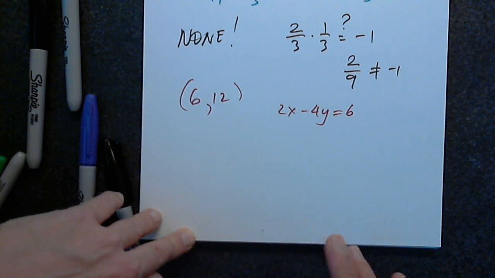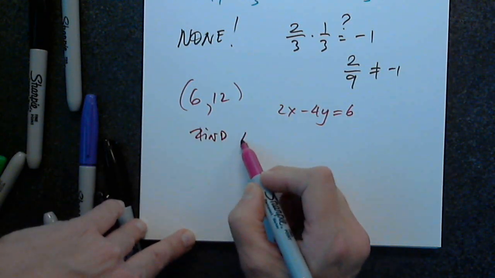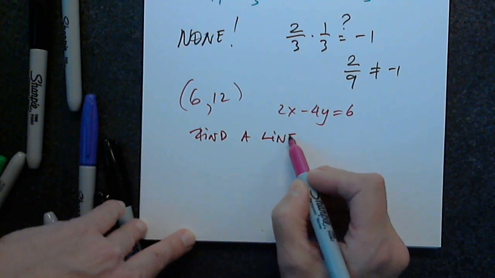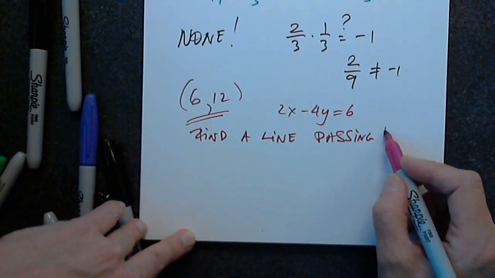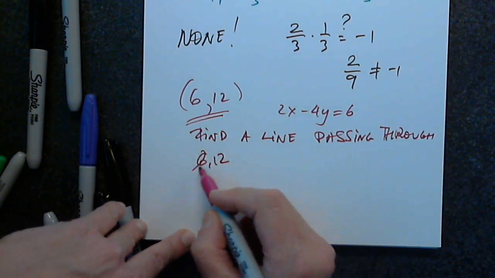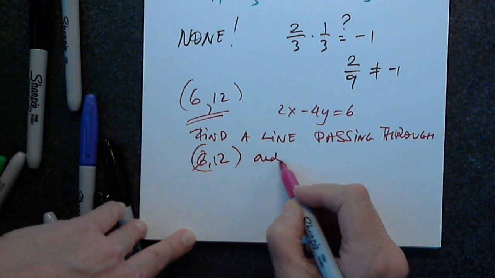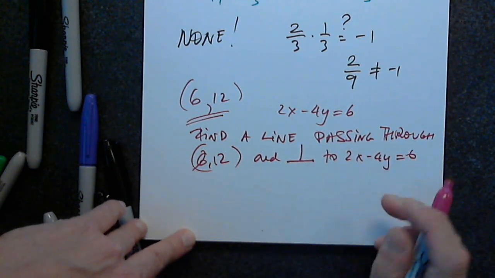Perfect. Very good. So now here's what we want. We want to find a line passing through this point, 6, 12, and perpendicular to 2x minus 4y equals 6.